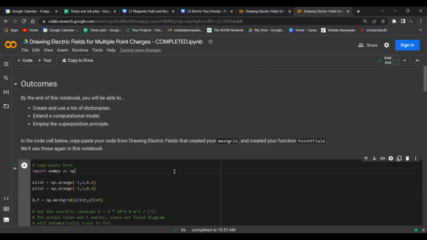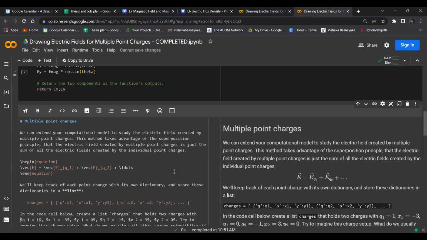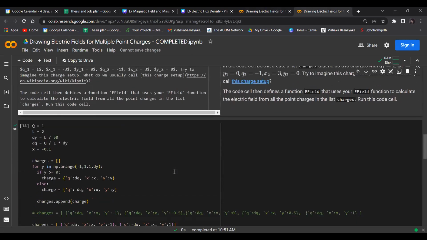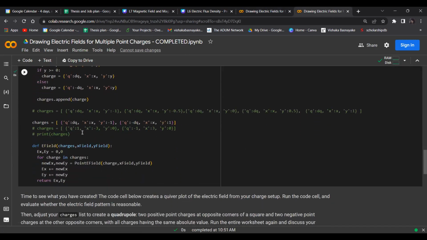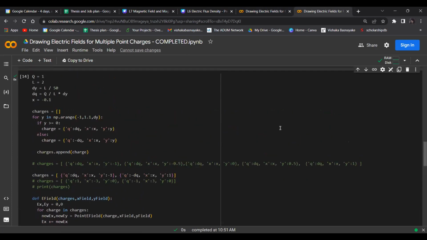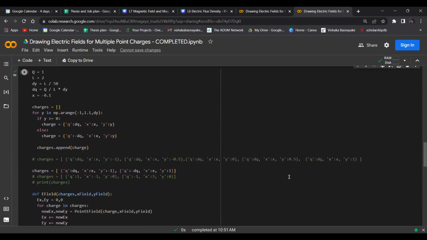I will show you how I have done one simulation with charges of equal magnitude and opposite type. That means I have kept two charges, one positive charge and one negative charge.